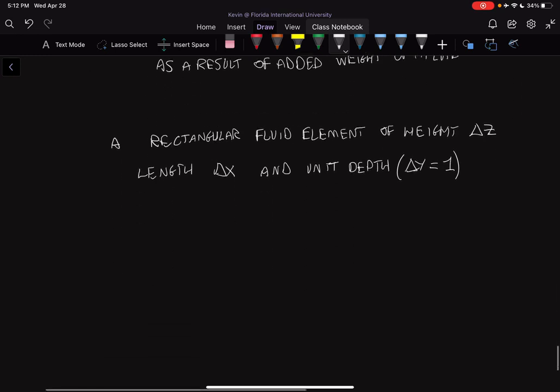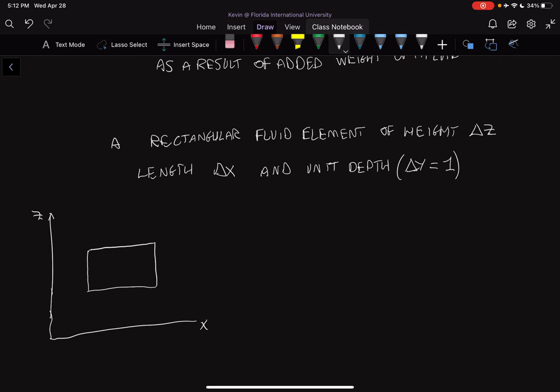And so if we draw this rectangular element, I'm going to draw it here on a zx graph, because we know it has unit depth, so we can look at it just from the zx graph. If we look at the graph itself, this element is said to have a height delta z, so delta z is going to be the height.